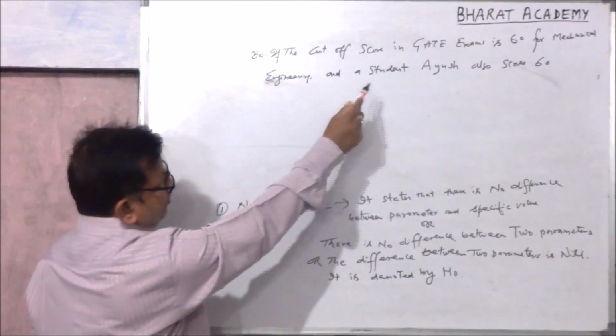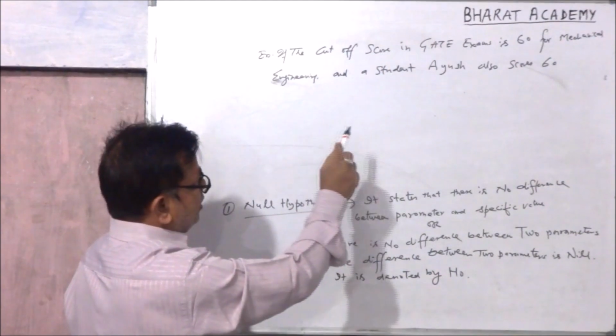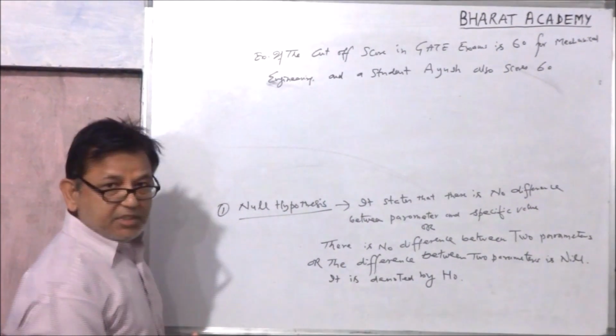Let us explain the null hypothesis by this example. If the cutoff score in GATE exam is 60 for mechanical engineering, and a student Ayush also scores 60, what does it mean?